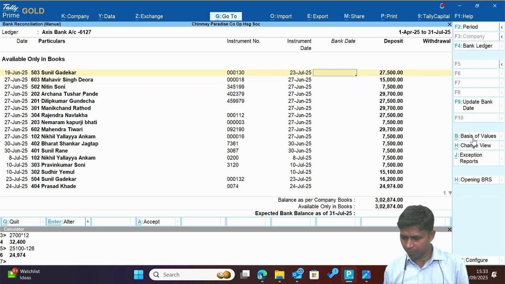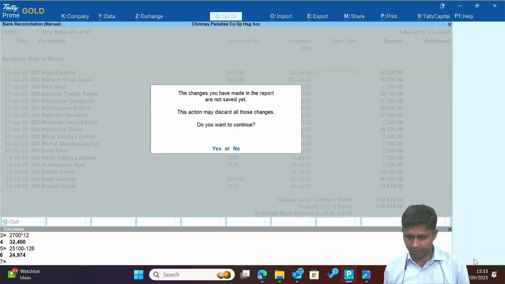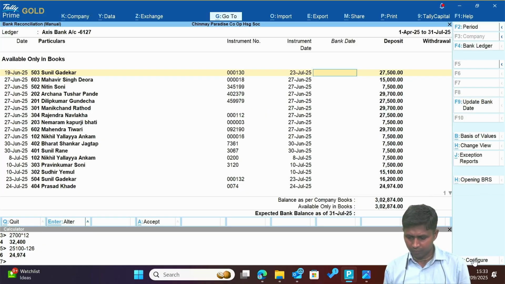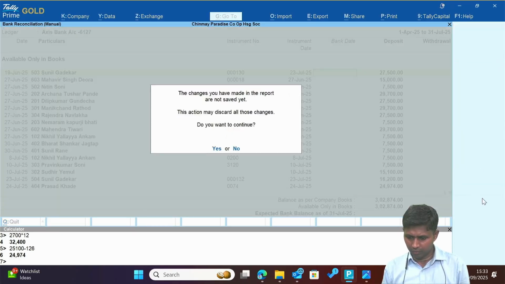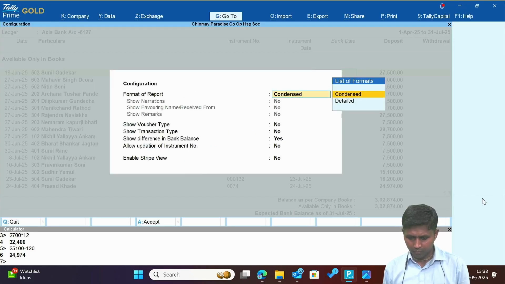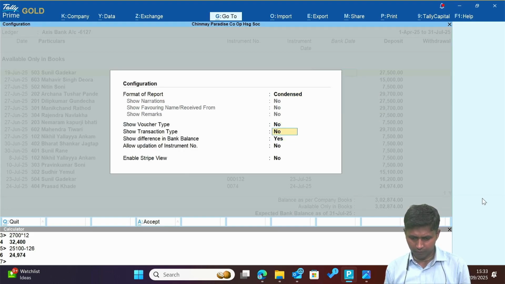To make it simple, we will filter it. We'll arrange all the transactions in the instrument date sequence. Where is that instrument date? Voucher date, transaction type.